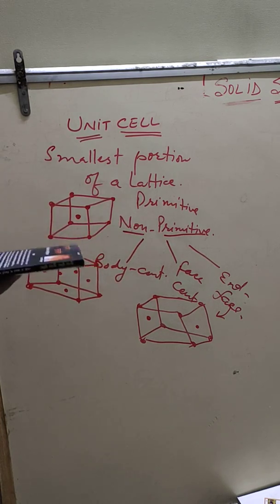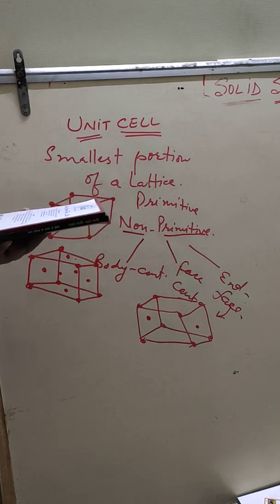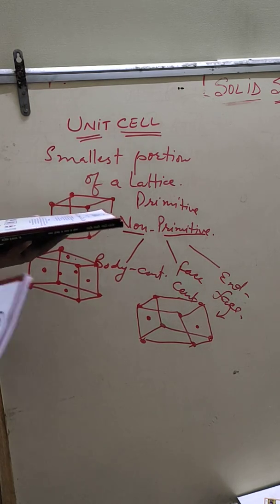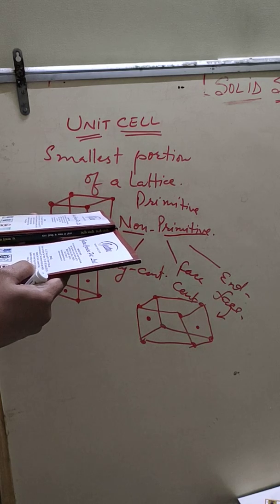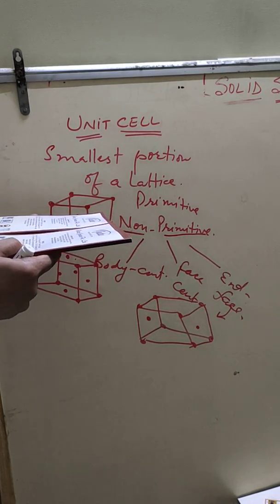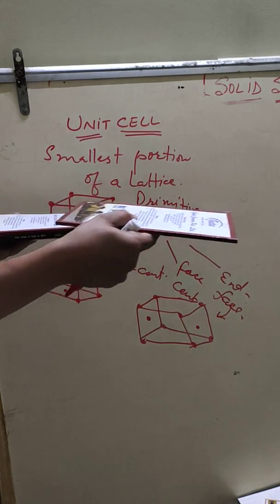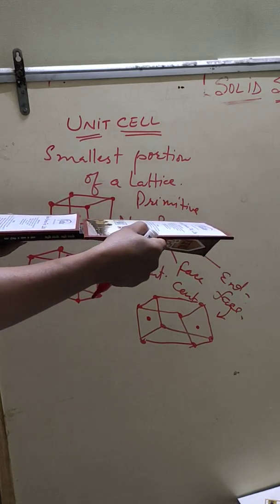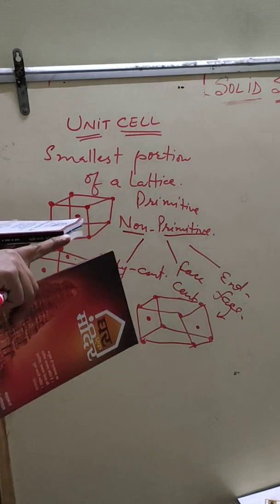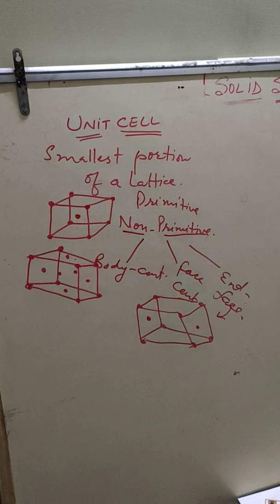is shared by 1 unit cell which is above it, 1 unit cell which is in front of it, 1 unit cell which is above this cell, 1 here and 1 below. In this way, this corner is shared by other unit cells.